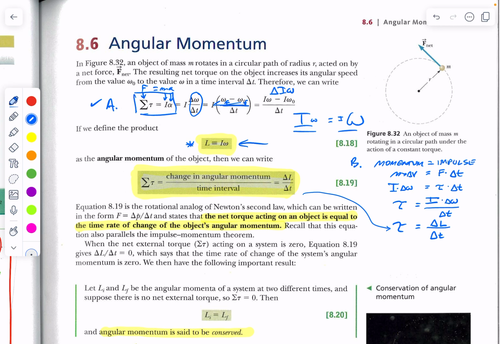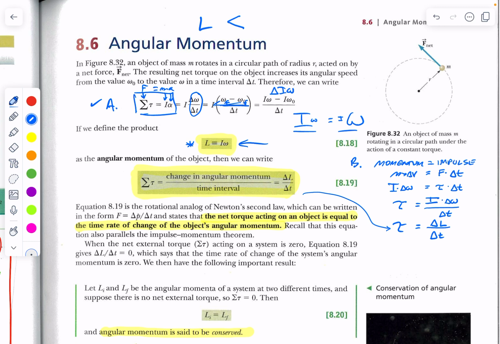Now you might wonder, why in the world are we using L to represent angular momentum? The letter L looks kind of like the angle sign used in geometry, just rotated a little bit. And when we talk about angles, we think about things moving through a certain angle, and that's how the letter L got chosen.